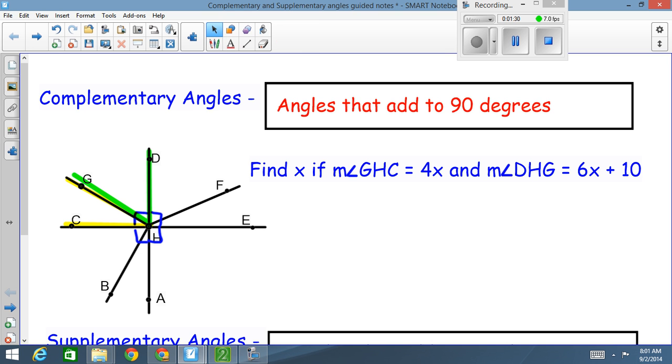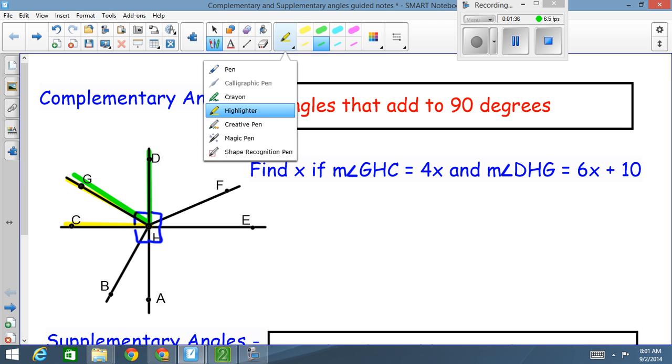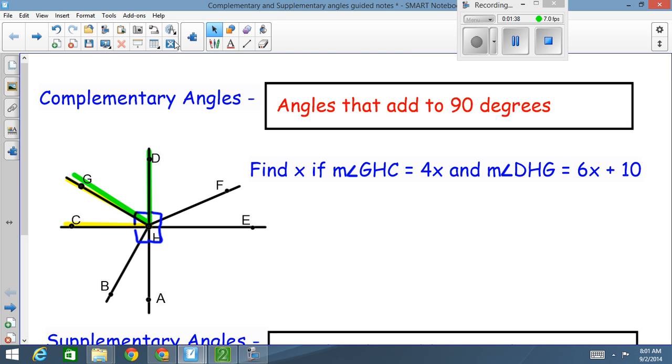And now we see that we have two angles that together, when I add them up, would make this 90 degree angle. Let me get rid of a couple of these other boxes around here. When you add those two angles together, you get the full thing, and that is a 90 degree angle.